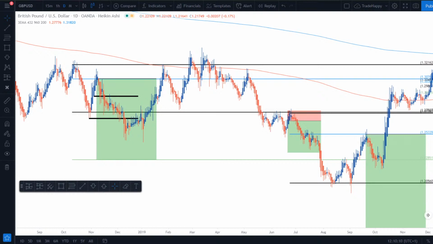What should you be looking for on each of those currency pairs compared to the other using the same strategy, because different currency pairs move in different ways. Now, they might correlate in some way, but one might move slower than the other, one might consolidate more than the other, one might follow the other one.